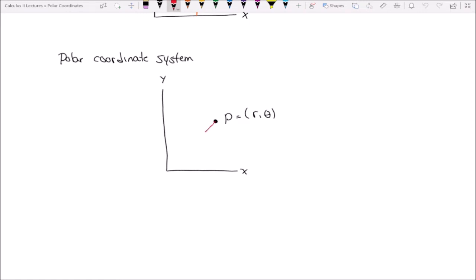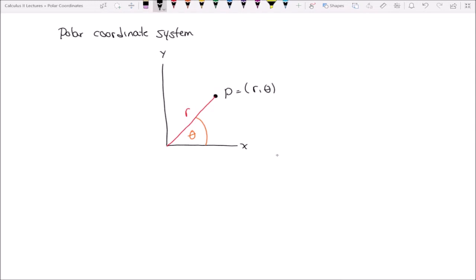R measures the distance the point is from the origin, and theta is the angle that that segment makes with respect to the positive x-axis. So let me write that out.